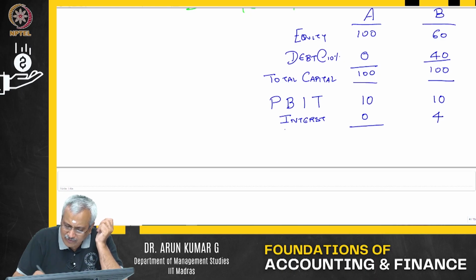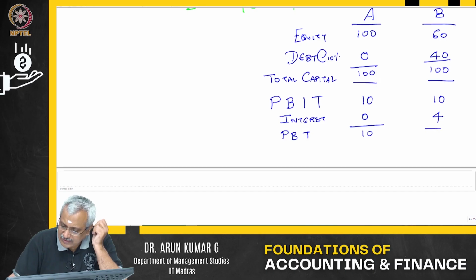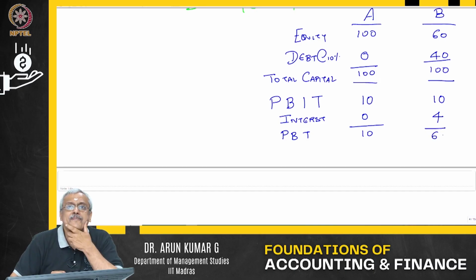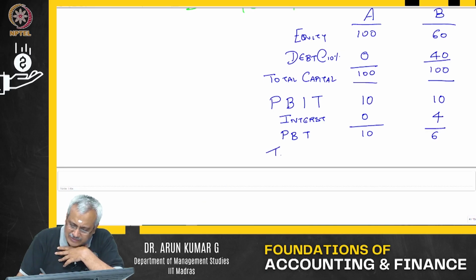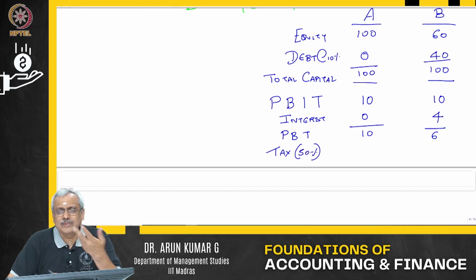Now I will have my profit before tax. Interest is gone, so it is about $10 and about $6. Again, for ease of multiplication, I will say my tax is at 50%. I am just taking 50% as a number, you can take any number you want.